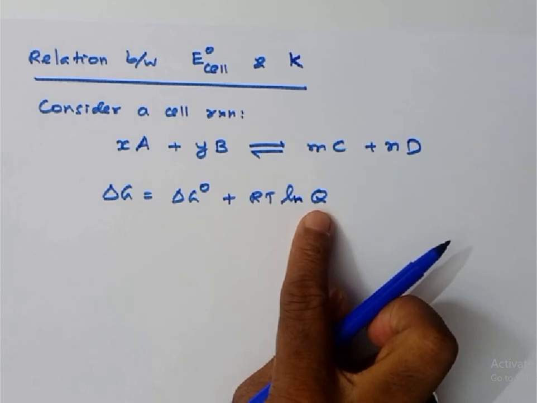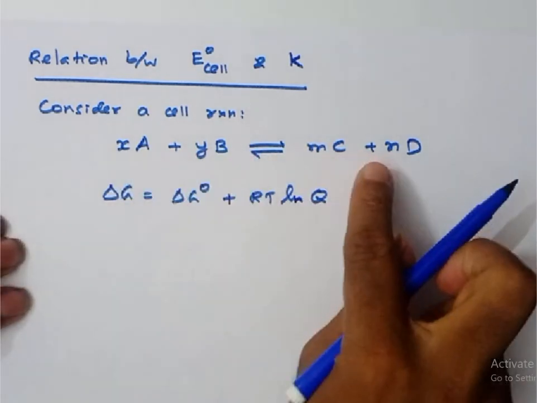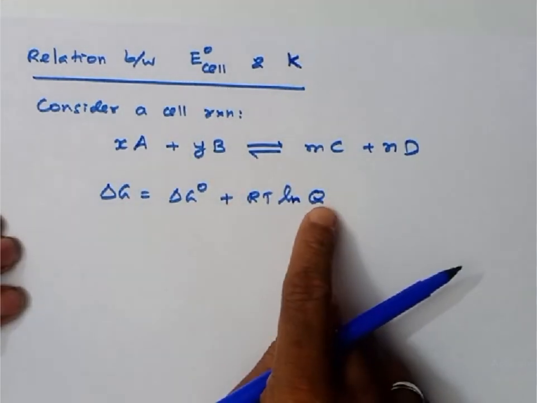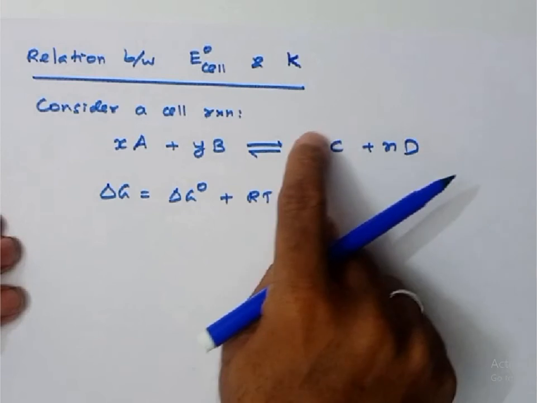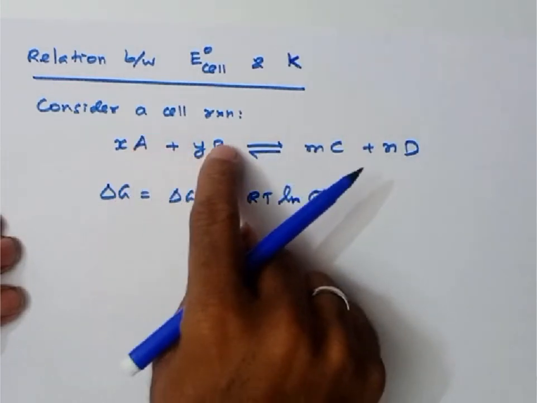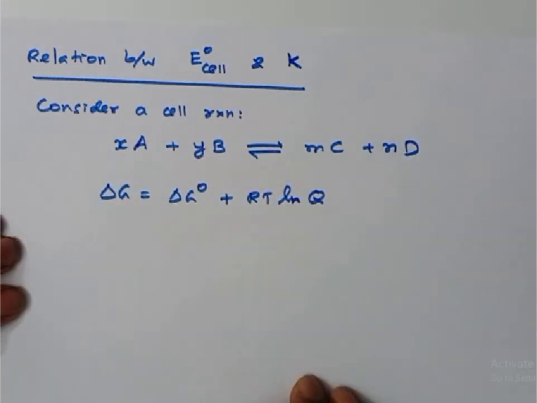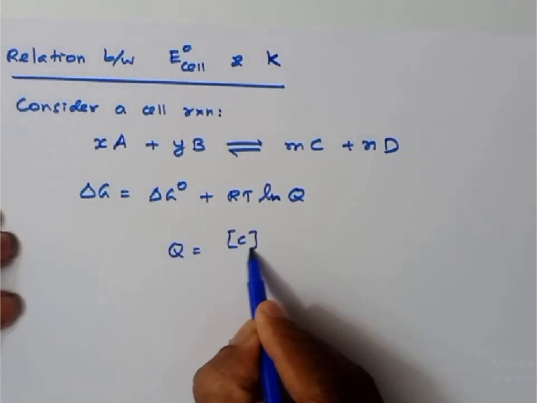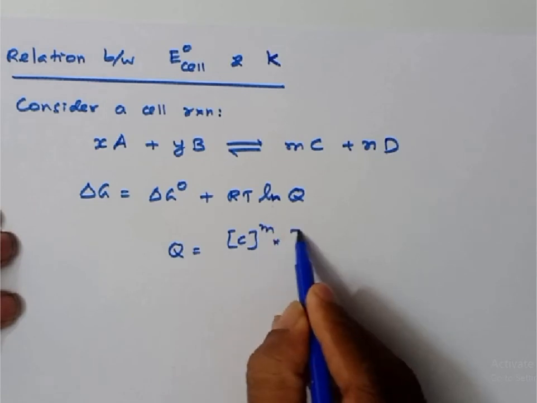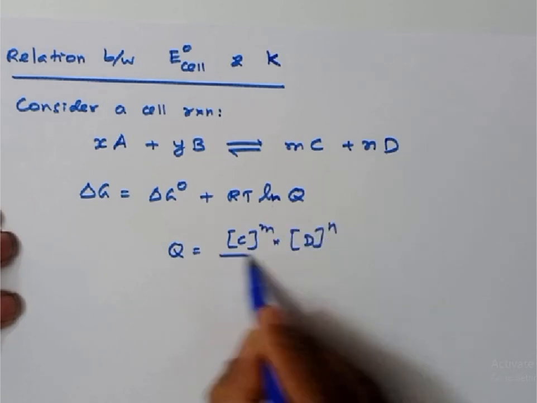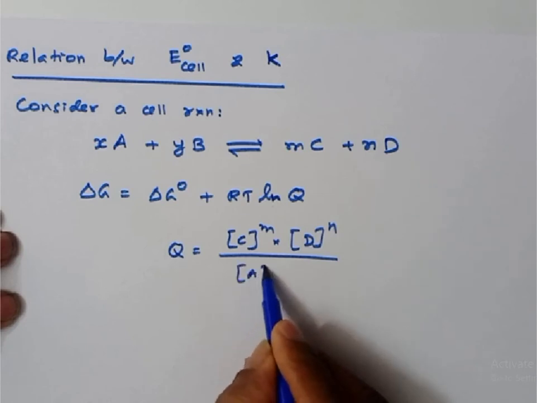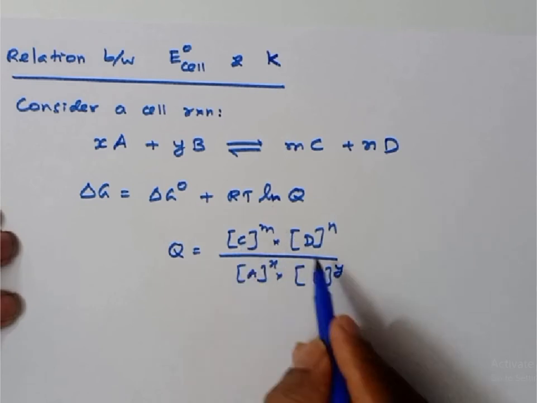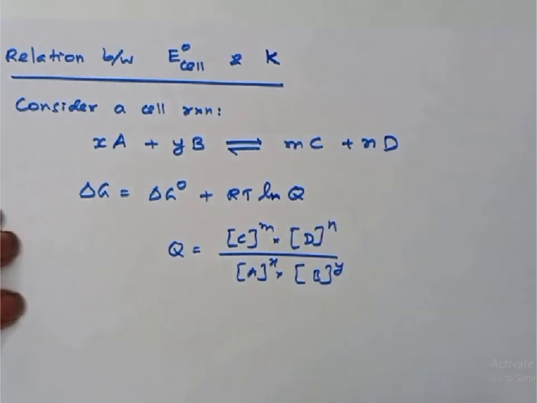If the reaction is not at equilibrium, then Q is nothing but the concentrations of the products divided by the concentrations of the reactants. So Q is concentration of C power M into concentration of D power N divided by concentration of A power X into concentration of B power Y. Here the concentrations are not at equilibrium.